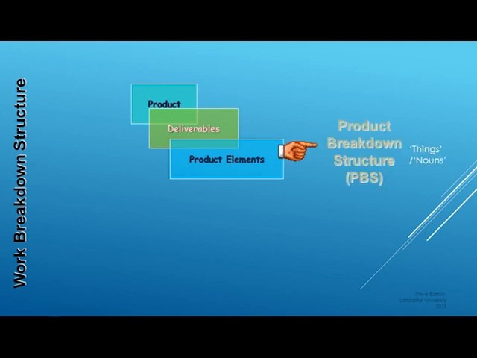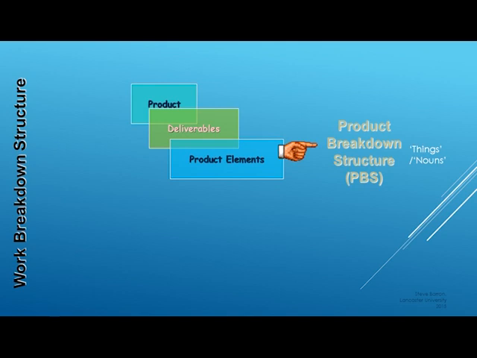These three stages, products, deliverables, and product elements, build the product breakdown structure part of the PBSWBS. The focus here is on things that we can see and touch, whether it is a piece of metal, document, or interactive on-screen item that can be measured or directly assessed against defined quality standards.